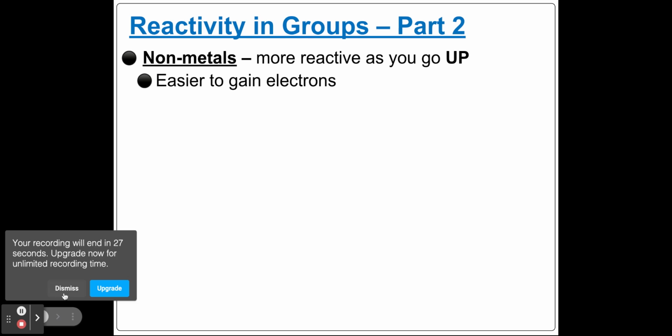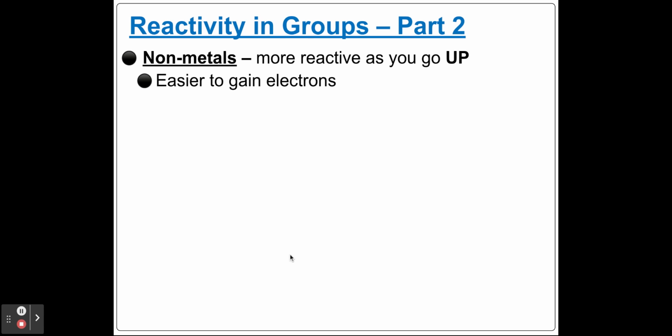That's the difference. For metals, the easier it is to lose that electron, the more it's going to react. But for nonmetals, they want to gain electrons. So the easier it is to gain an electron, the more it's going to react.